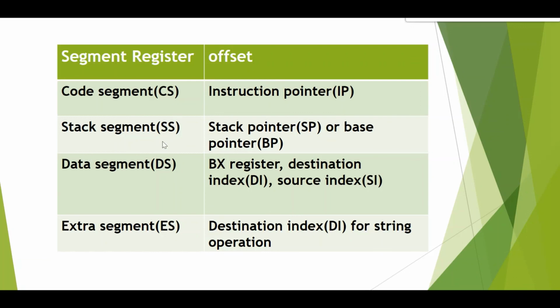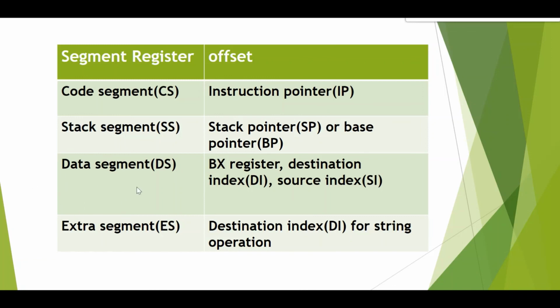Then we have the stack segment. The starting address of the stack segment is stored in the stack segment register, and the offset is stored in either the stack pointer or the base pointer. Mainly it is stored in the stack pointer only.